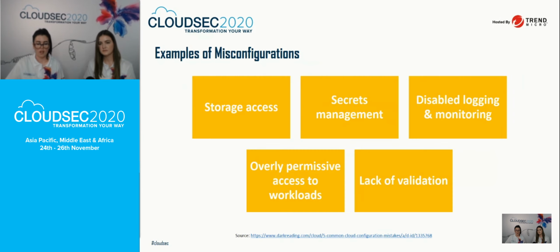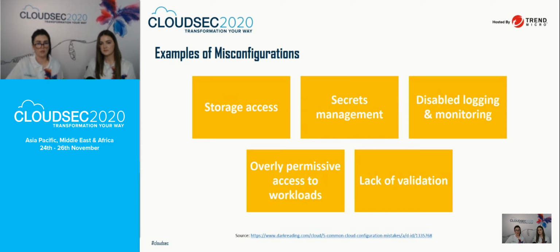If we go a little deeper, the majority of issues and data breaches in the cloud are mistake driven, and people are using a lot more services in the cloud, a lot more moving parts. So we have identified the top 5 cloud misconfigurations. First, storage access. Leaving things like an S3 bucket open to the public is quite common.